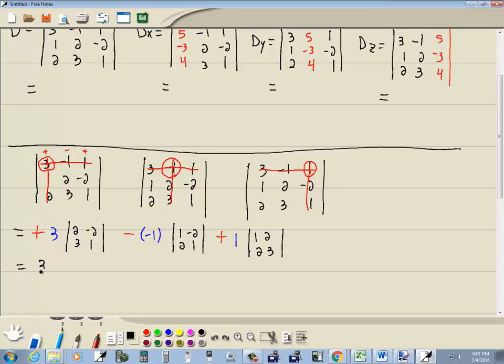So then we got 3 here, and we'll cross multiply, take 2 times 1, minus, and then you cross multiply here, 3 times -2. It's always a minus in between them. Now here a negative becomes a positive 1. We'll cross multiply, we got 1 times 1, minus 2 times -2. Plus 1, 1 times 3, minus 2 times 2.